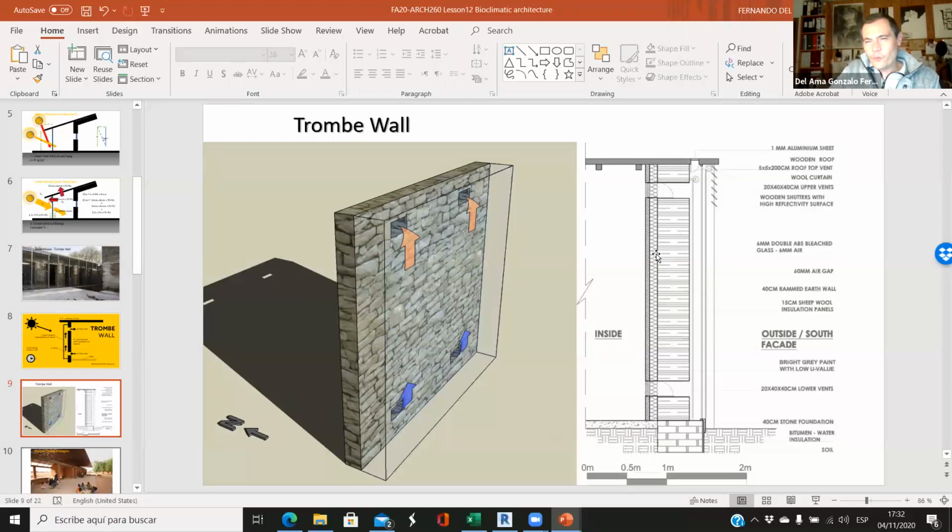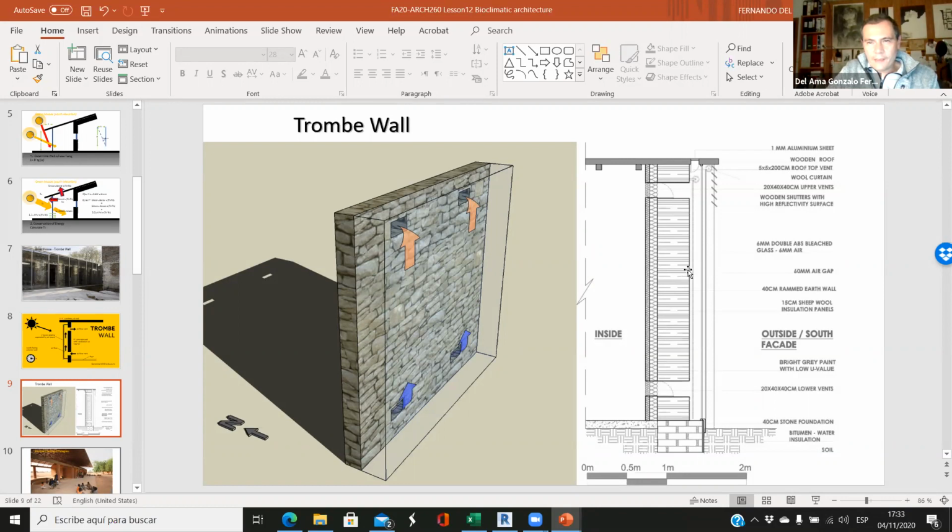There's a debate whether we should add thermal insulation or not to this wall. This is a good question. Imagine that we don't have any sun. We close this opening with a door that has thermal insulation on it, and it works as a wall. So if we don't have any sun, there's no problem.